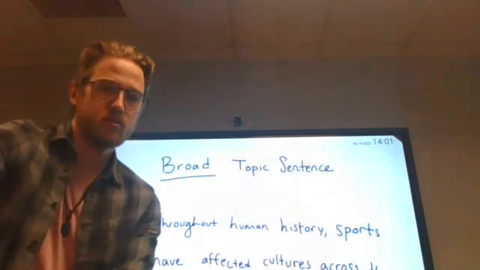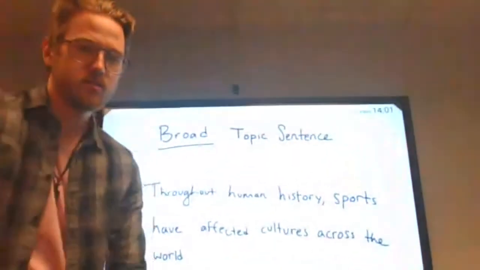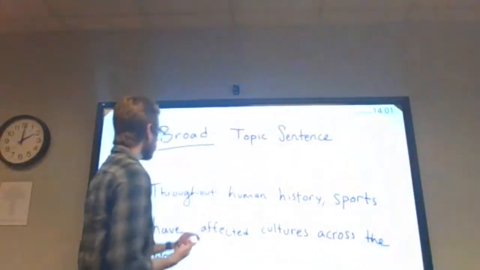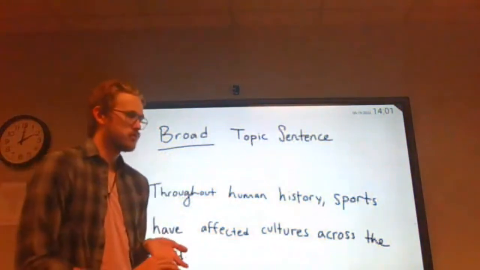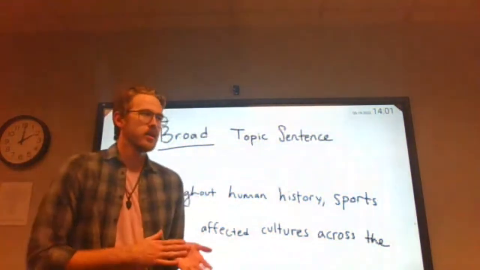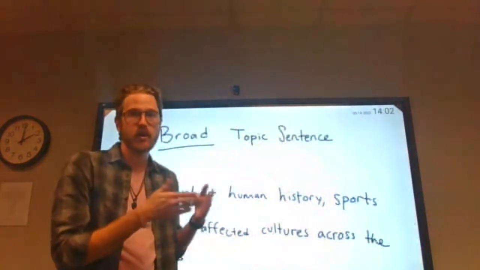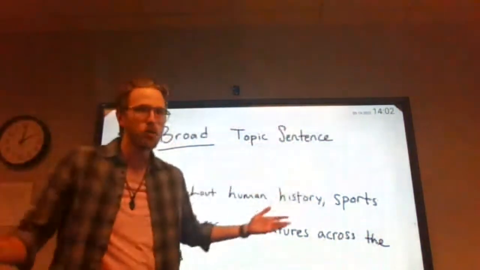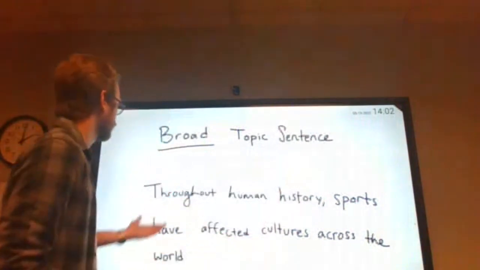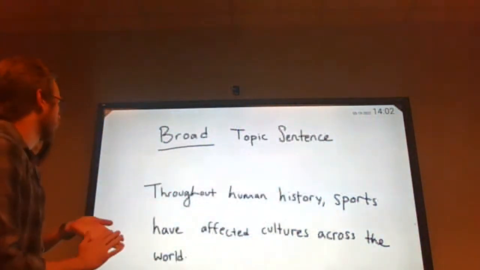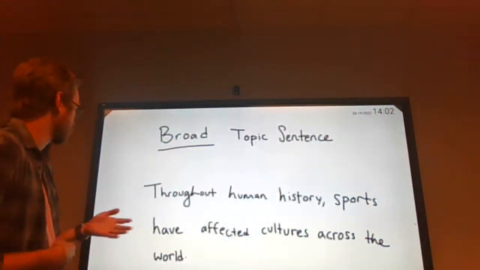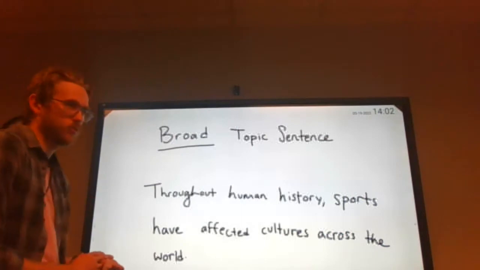And I'm going to make sure that the whole screen is in view. So a broad topic sentence, again, what we want to avoid is a sentence that doesn't really specify what we're getting at. It could go a wide variety of directions. So this example that I've written on the board is, throughout human history, sports have affected cultures across the world.